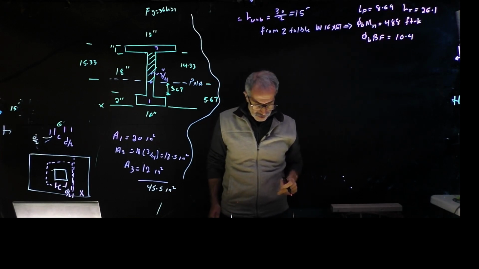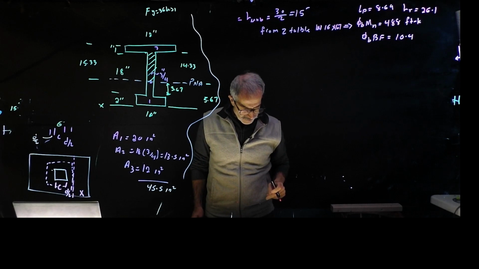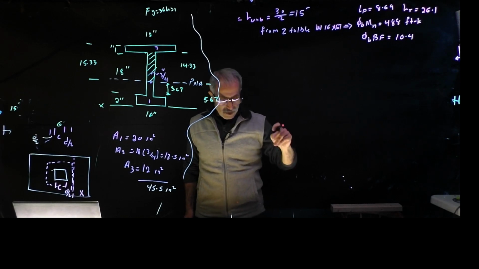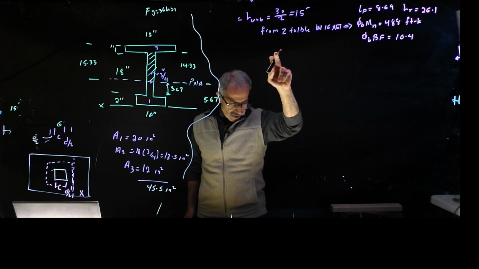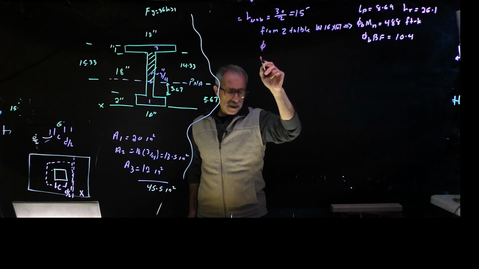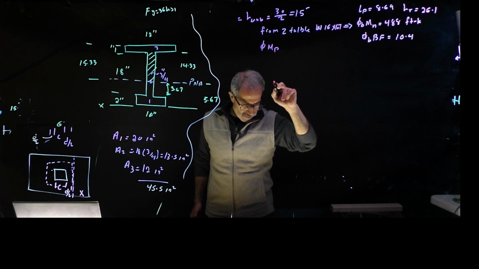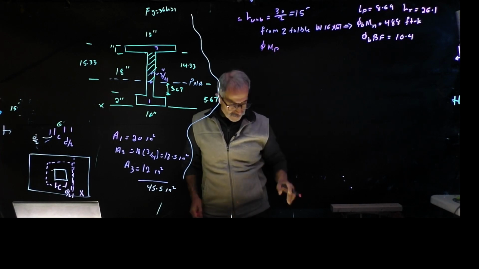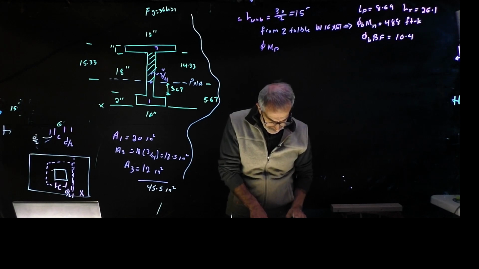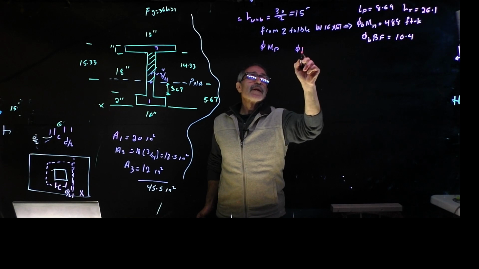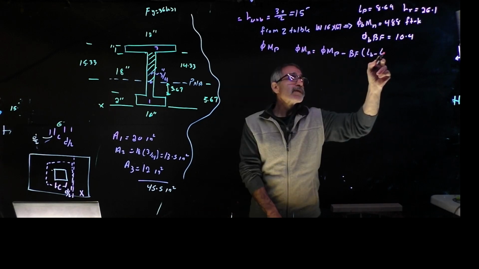And then we're going to say the moment capacity is given by phi Mp minus phi BF times (Lb minus Lp).